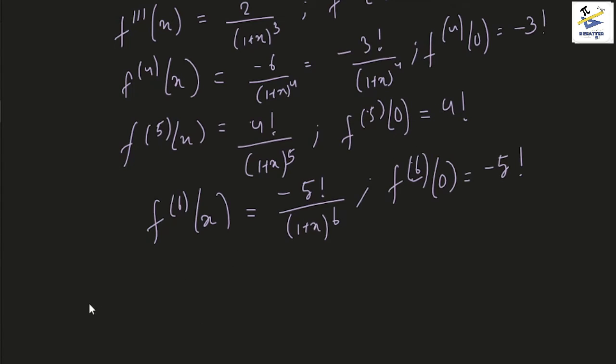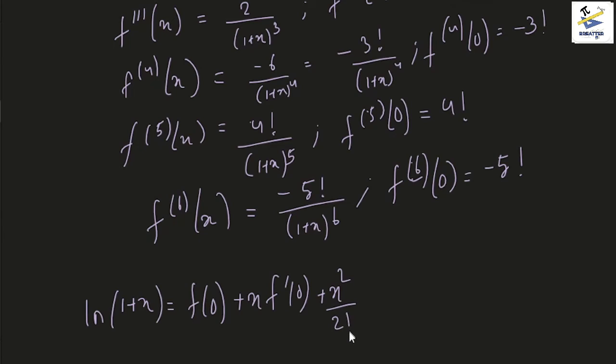So we can write that ln of 1 plus x, by the Maclaurin series definition, it should be f of 0 plus x into f dash 0 plus x square by 2 factorial into f double dash 0 plus x cube by 3 factorial into f triple dash 0, and so on, right?